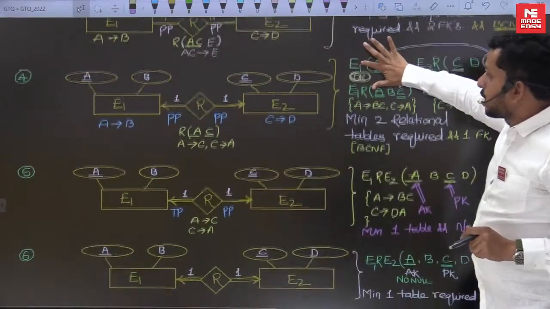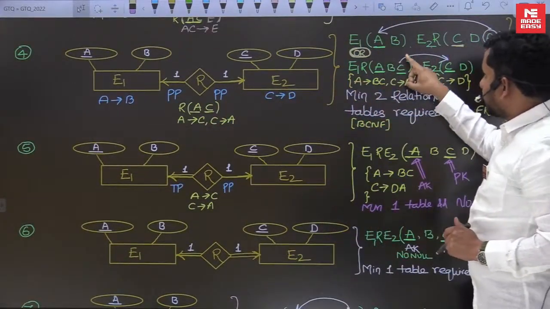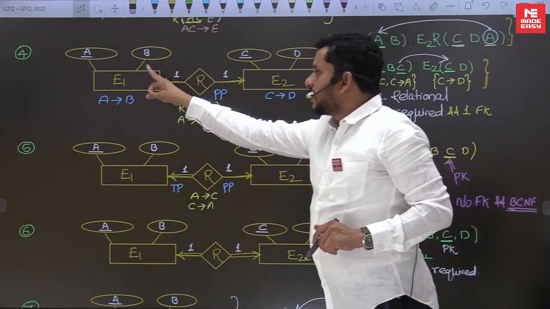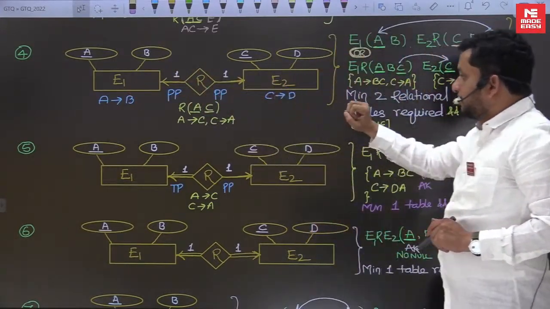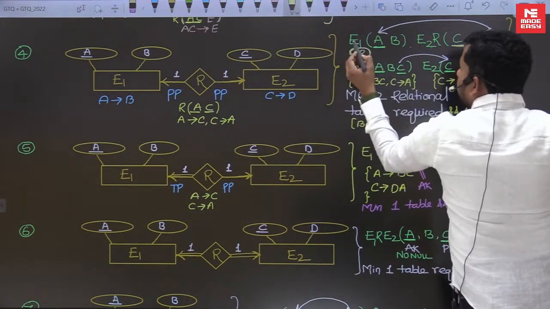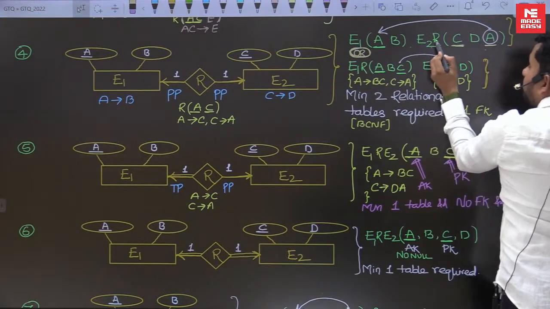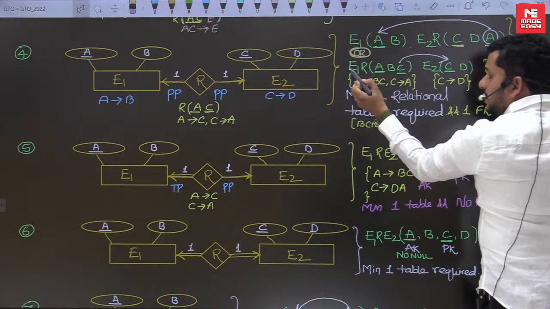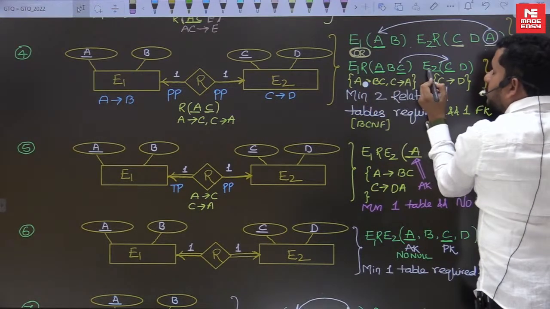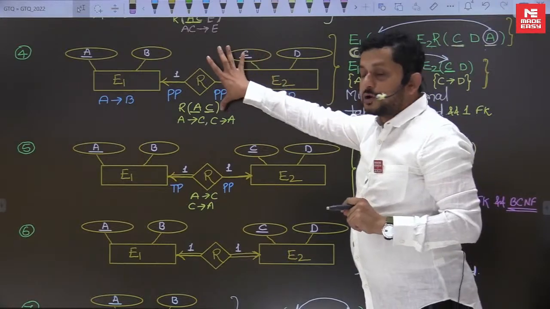If it is one-to-one mapping with partial participation on both sides, then the relationship can combine either with E1 or with E2, but a minimum of two tables is needed. Either E1 in one table and the relationship with E2 in the other table, or E1 with the relationship in one RDBMS table and E2 in another RDBMS table. This is the third rule.